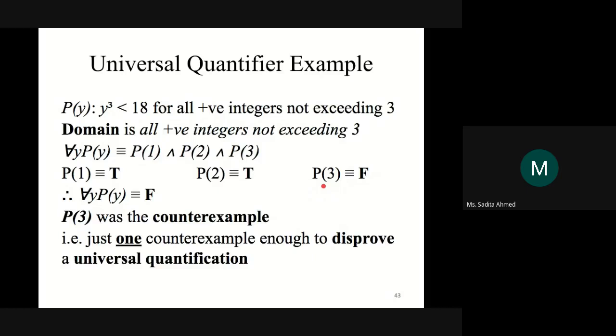Okay, can you guys tell me what happens for the same domain and the same propositional function if we use the existential quantification this time? It will be true. Why is that? Because only one of the propositions needs to meet the truth value.